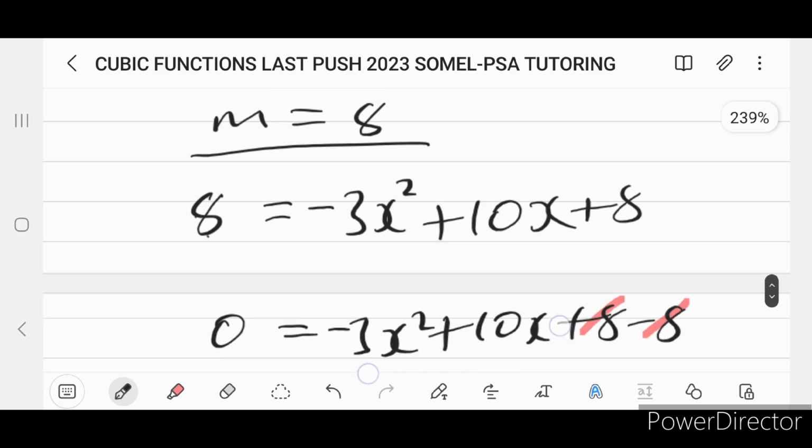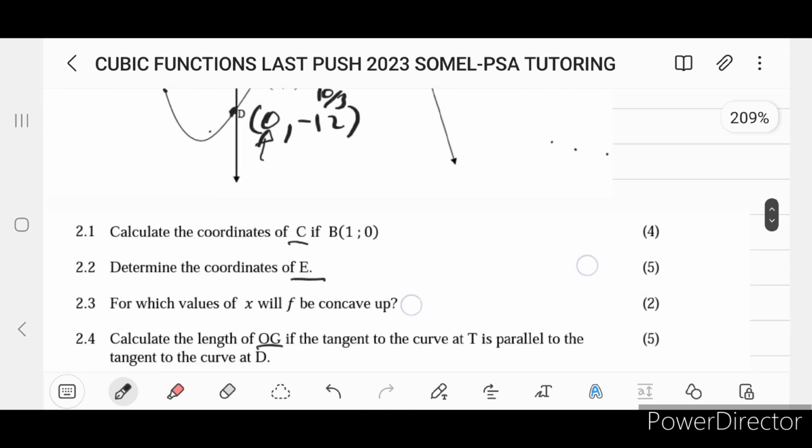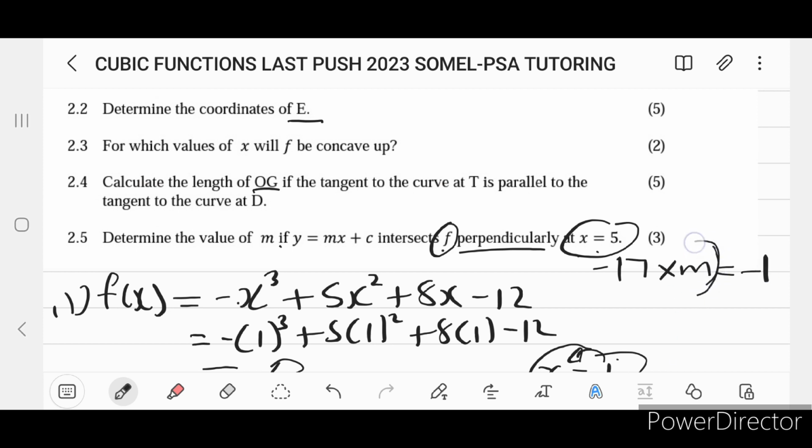So they are saying this line intersects f perpendicularly at x equals 5. So the gradient at x equals 5 is minus 17. So the two gradients of this line and this line, when you multiply them, must give you minus 1. So what is this gradient? You're going to divide by negative 17 on both sides.